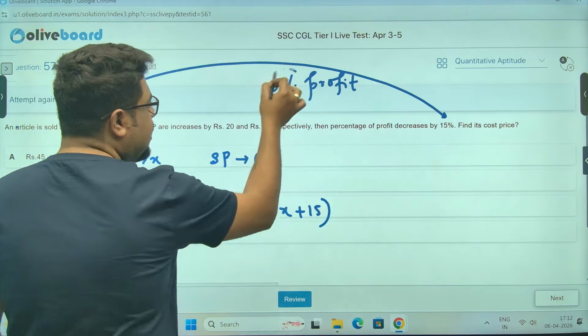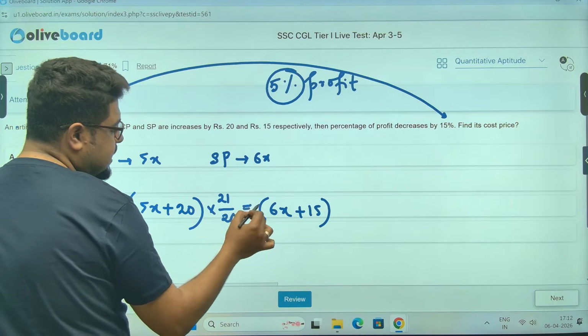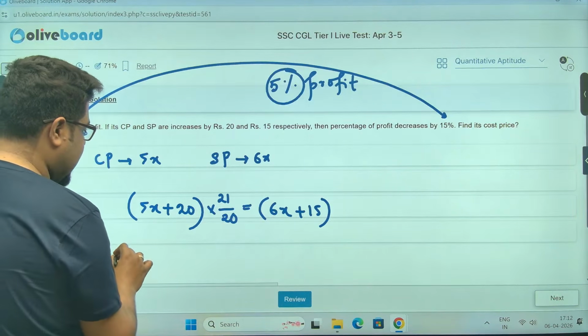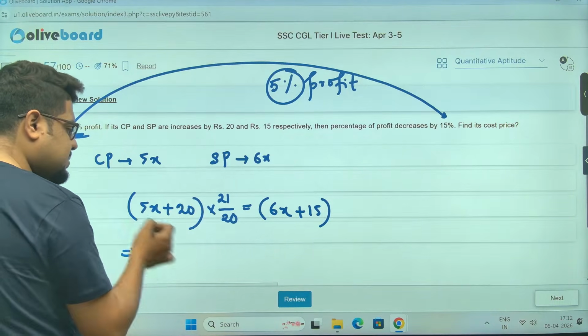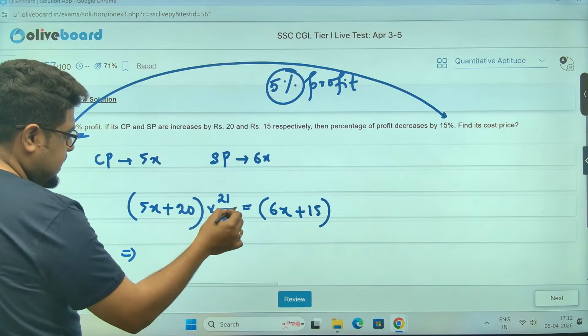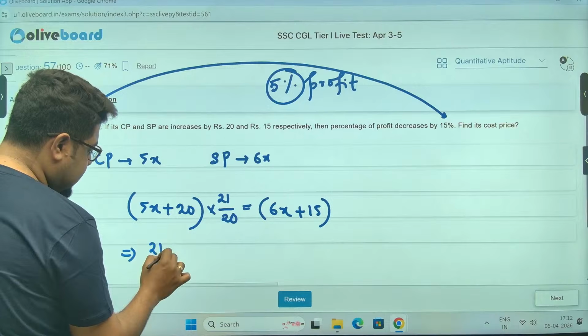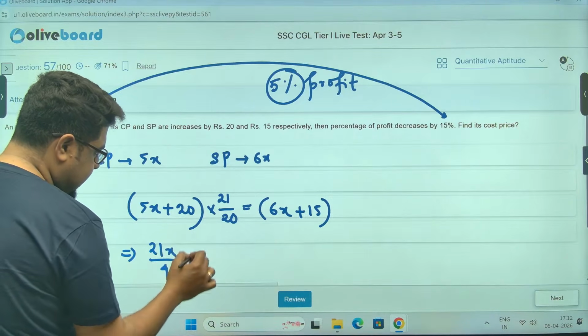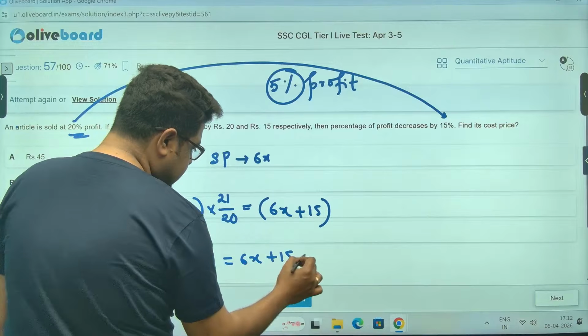Now the profit is 5%, meaning 21 by 20 is equal to this. Simple, just calculate, sir. So 21 fives and this 5 fours are this. So 21x by 4 plus this is 21, equal to 6x plus 15.